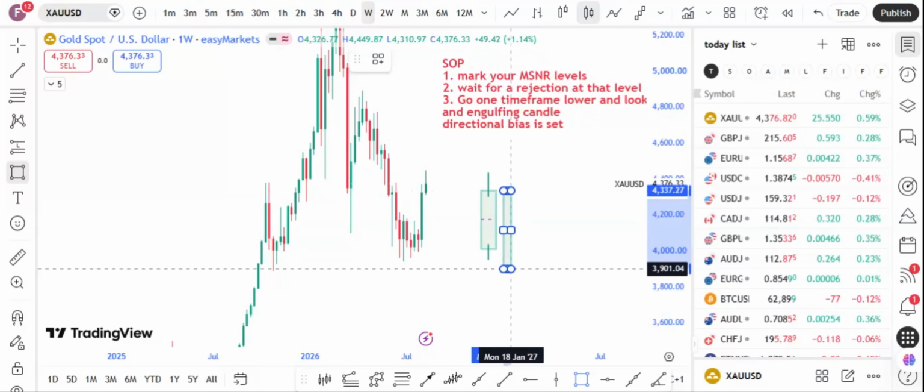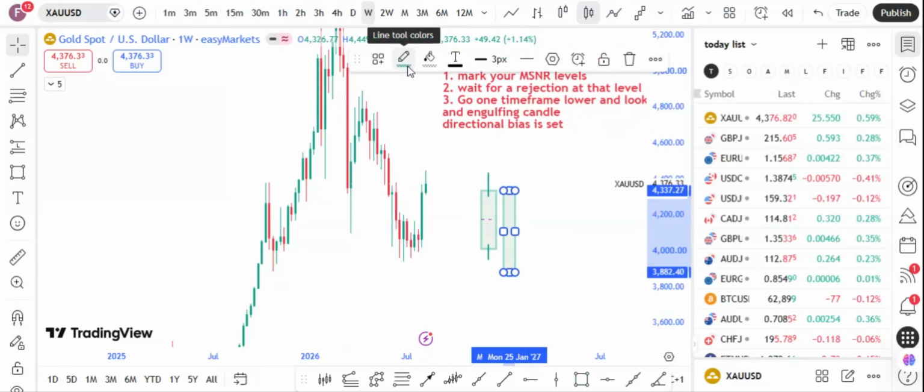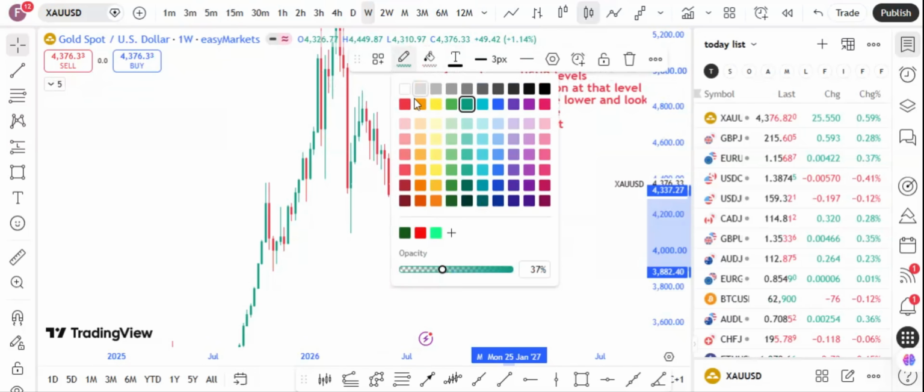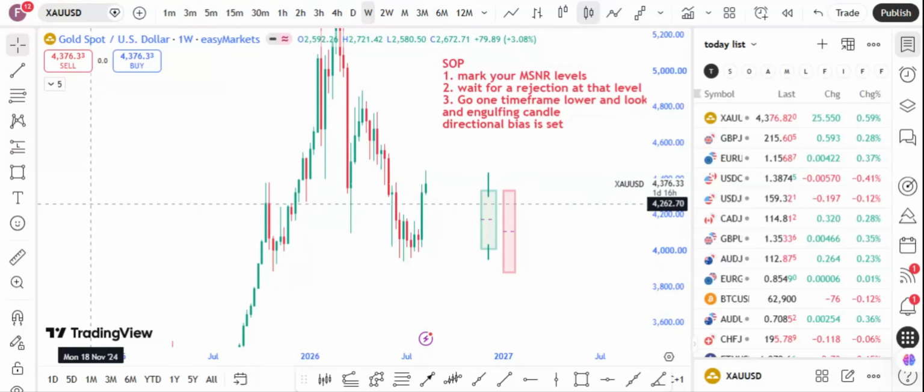And this is my red candle. I think I've explained these things before in one of my previous videos.